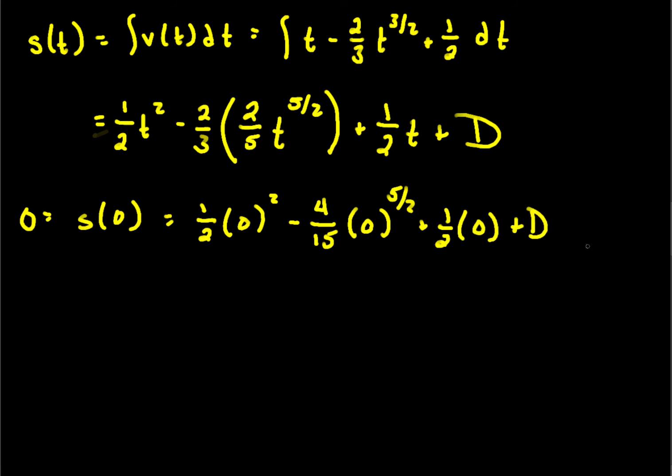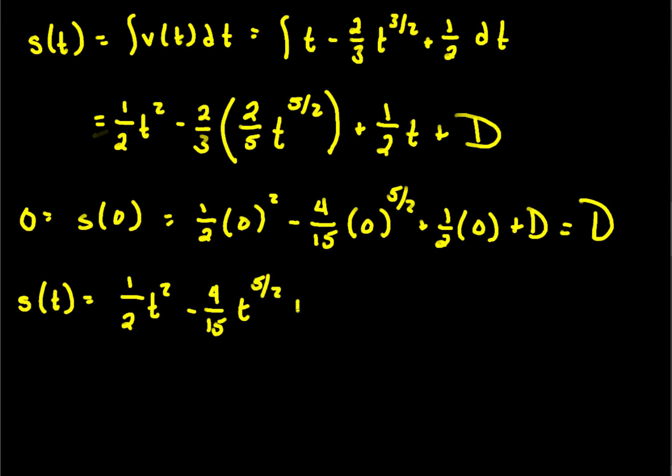Well, 0, 0, 0, so this is just d. So d must be 0. So now we can say with certainty that our position function will be 1/2 t squared minus 4/15 t to the 5 halves plus 1/2 t.